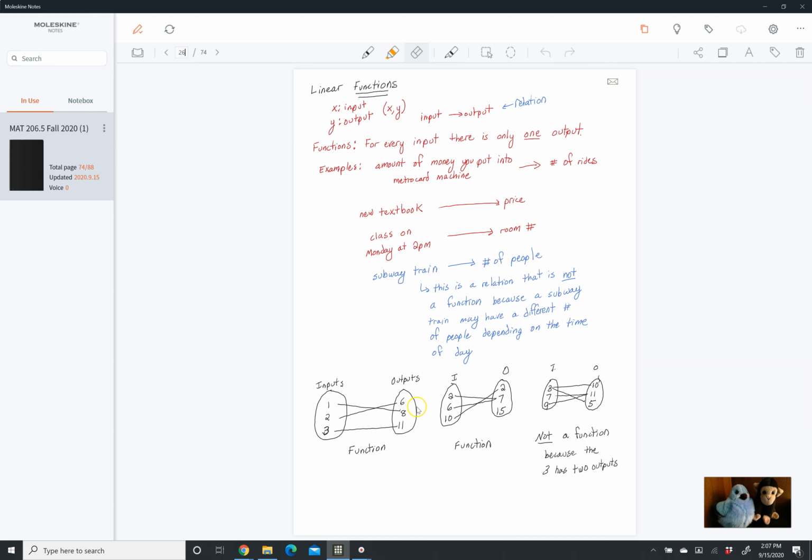And that's true, this is a function. This is also a one-to-one function because every output only connects to one input. This one we also said is a function. Every input connects to one output. This is not a one-to-one function because 7 has 2 inputs, okay? And one-to-one says every output also has 1 input.